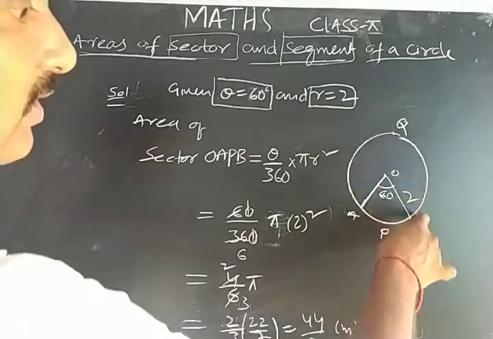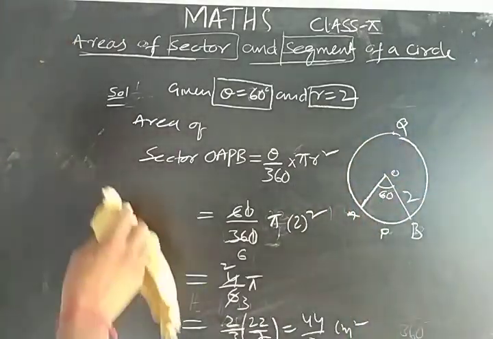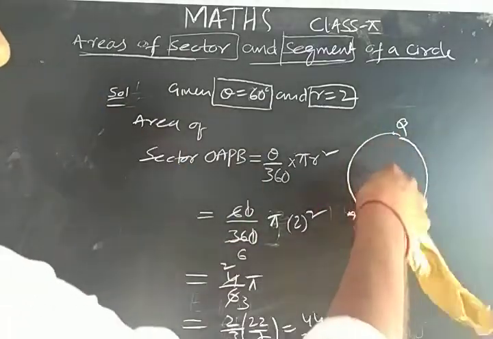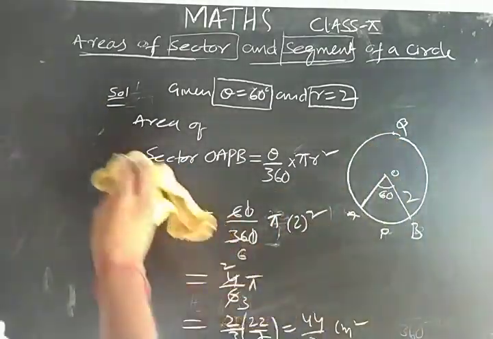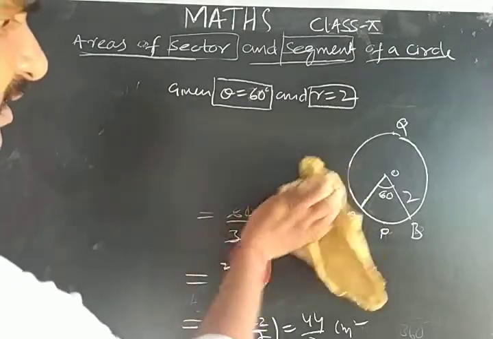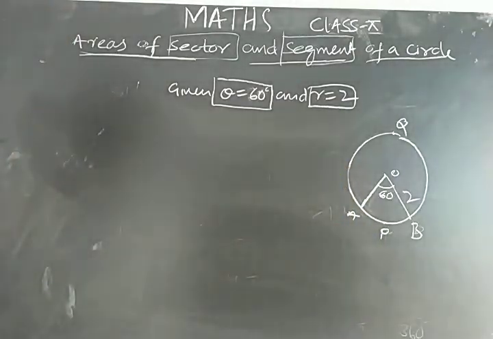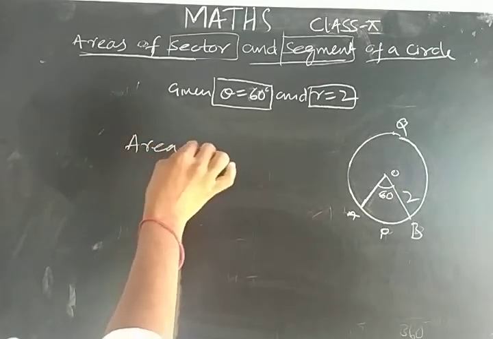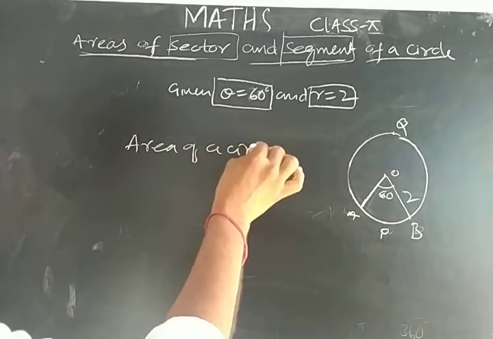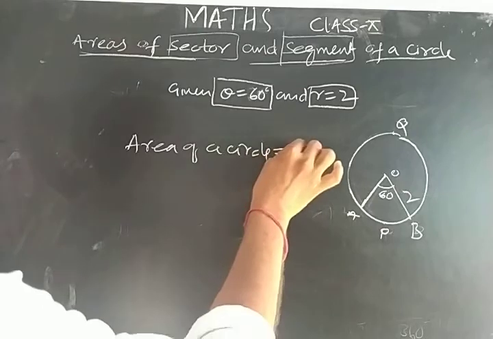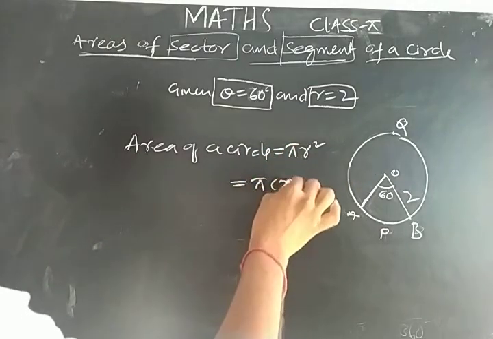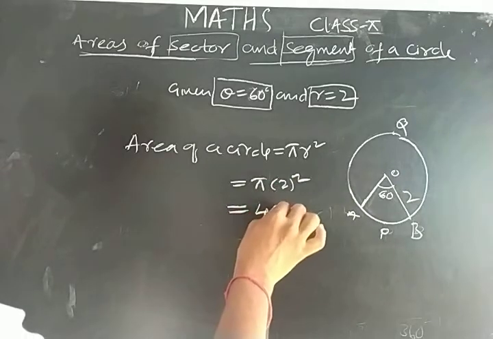Now I need the area of my major sector. To get the area of the major sector, from the total circle area you have to subtract this minor sector area. Before that, we should find the area of a circle. What is the formula for area of a circle? Pi r square. Pi into r square, 2 square, that is 4 pi.